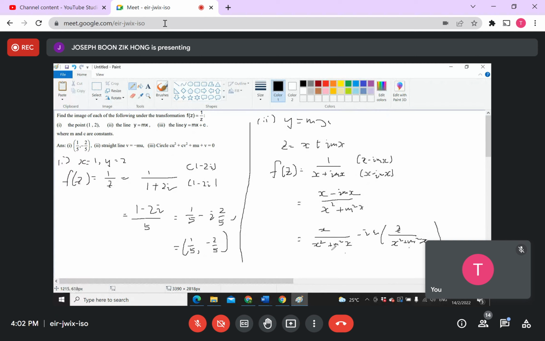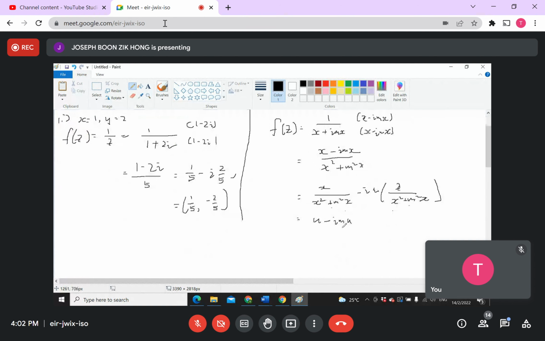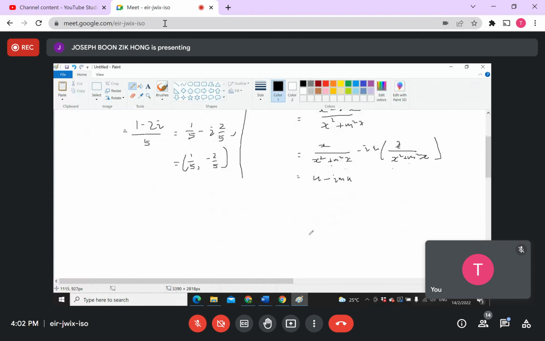They are the same. Compare with u plus iv: the v is negative mu. That's why I have negative mu here.